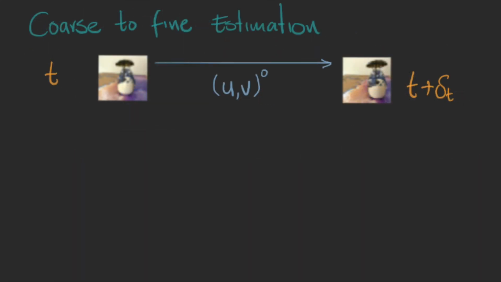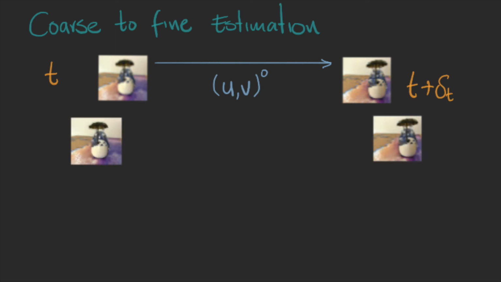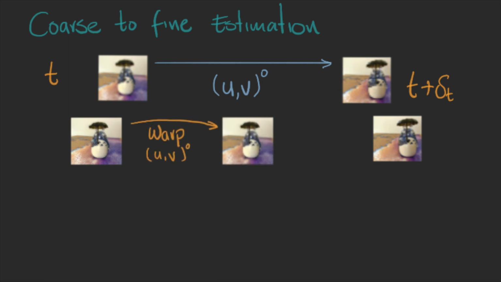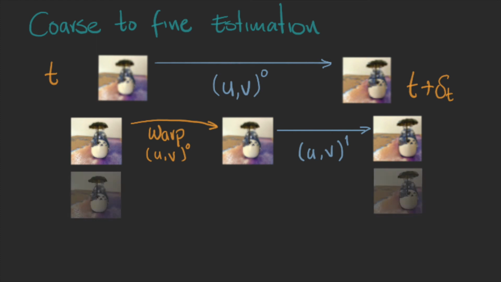Then the method is to start with the lowest resolution images, and we calculate the optical flow. Then we will take the next level of resolution. But here we apply the optical flow that we computed in the first step to warp the image. With this, we are including the motion that we found in the first step. Now we calculate the optical flow again, and we repeat the procedure.